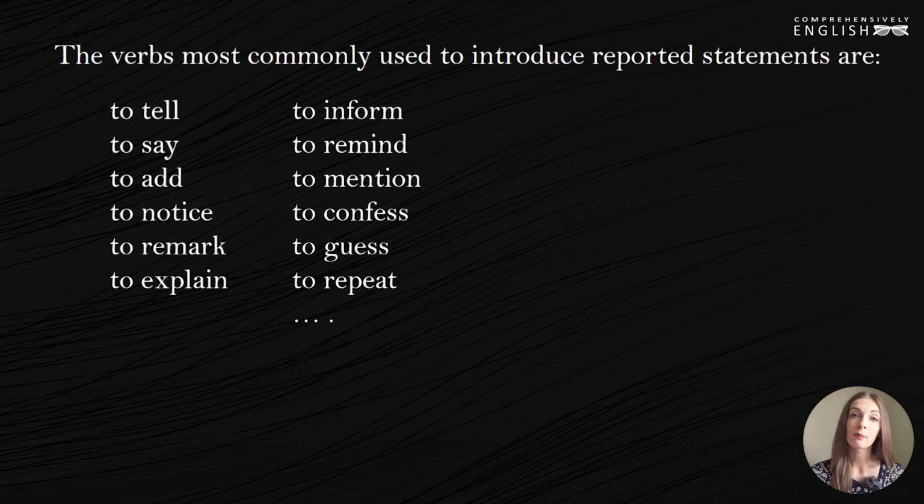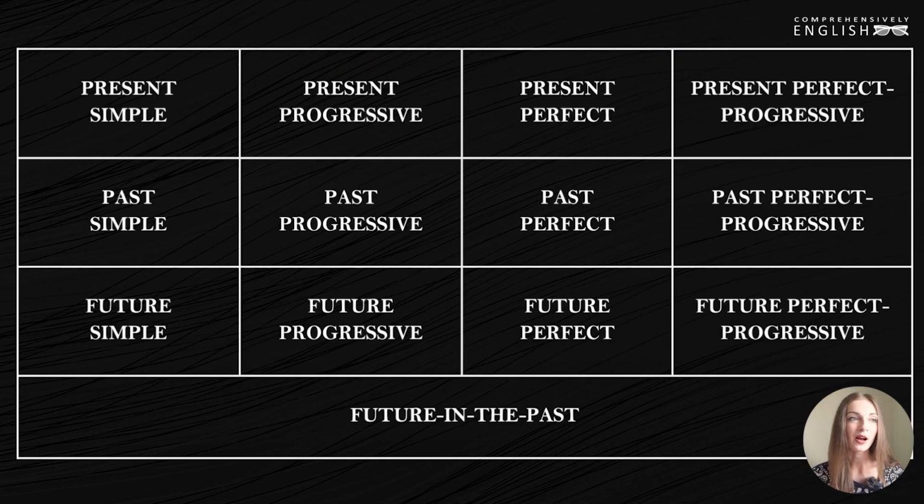Okay, let's quickly remind ourselves what is the rule of the sequence of tenses. How exactly do we change the tenses when we report somebody else's words? This is the table of the 12 active grammatical tenses of the English language, plus future and the past.